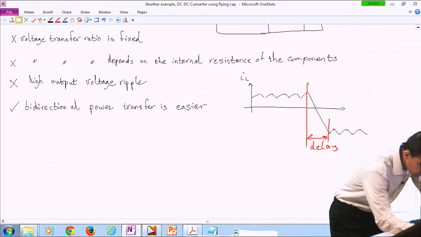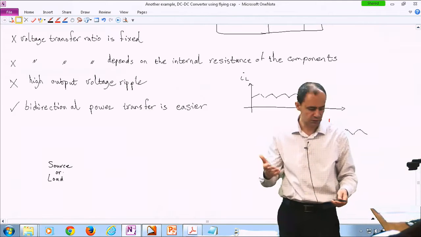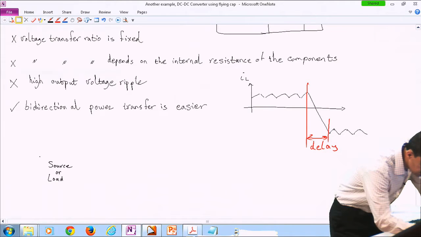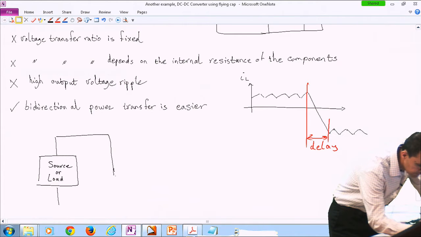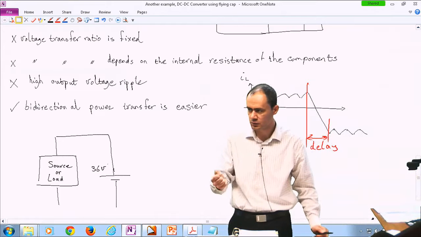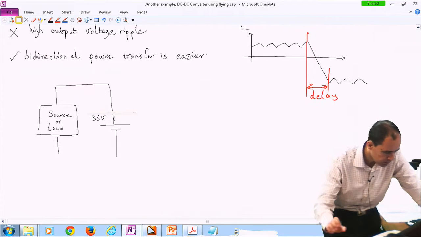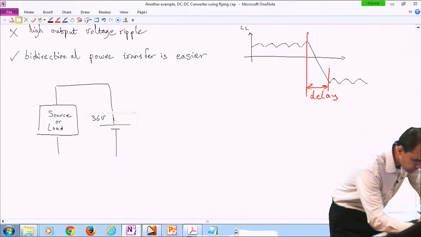So you have a source or sometimes a load, which in our case is the 36-volt side of the system, like an active electromagnetic suspension system. Sometimes it consumes power, sometimes it generates power. And on the other hand, you have the conventional 12-volt system.